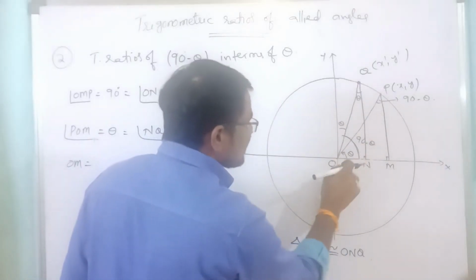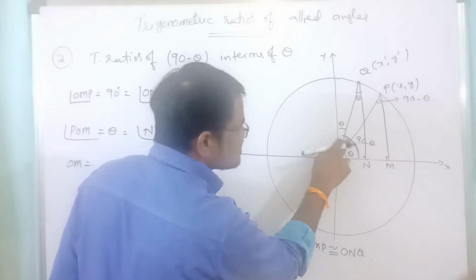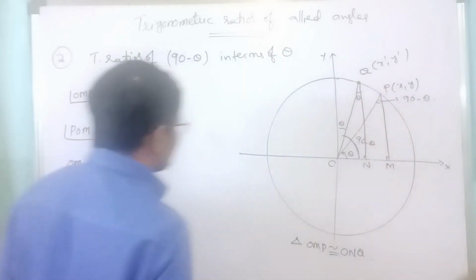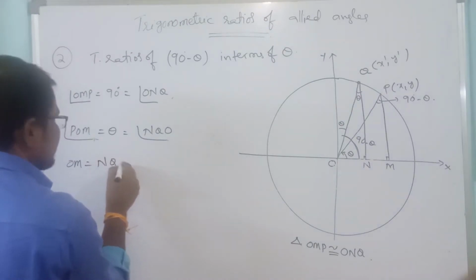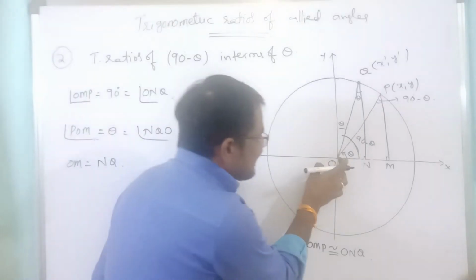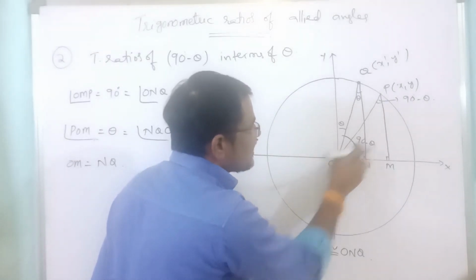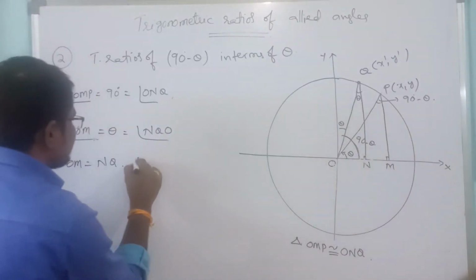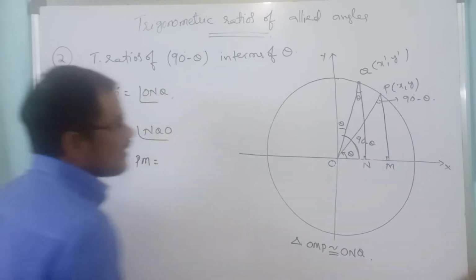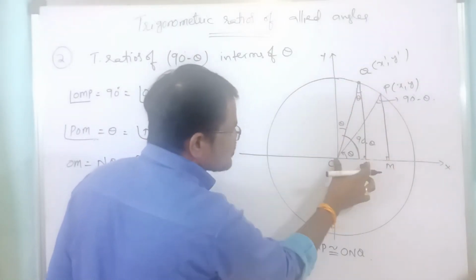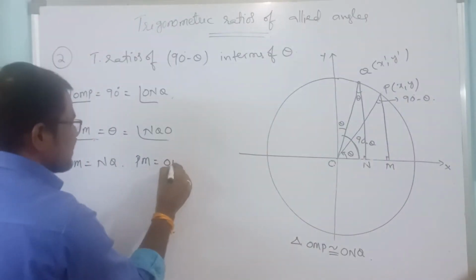For triangle OQN, 90 minus theta is here, and the opposite side is NQ. Next, in this triangle theta is there, and the opposite side is PM. In this triangle theta is there, and the opposite side is ON.